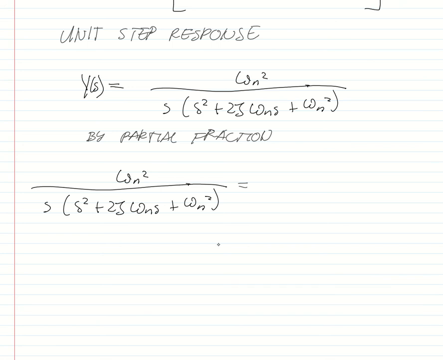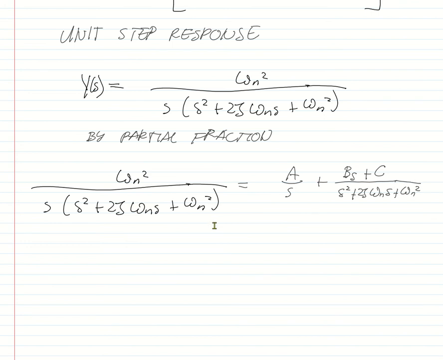So this can be divided into A over s, then plus, for the third case, Bs plus C all over the quadratic equation s squared plus 2 zeta omega n s plus omega n squared.